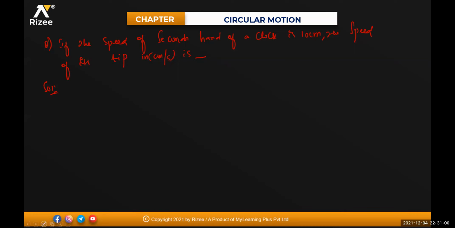That means indirectly it has given me what, beta? Omega. Omega will be equal to, for one circular motion, 2 pi radians in how much time, beta? In 60 seconds.